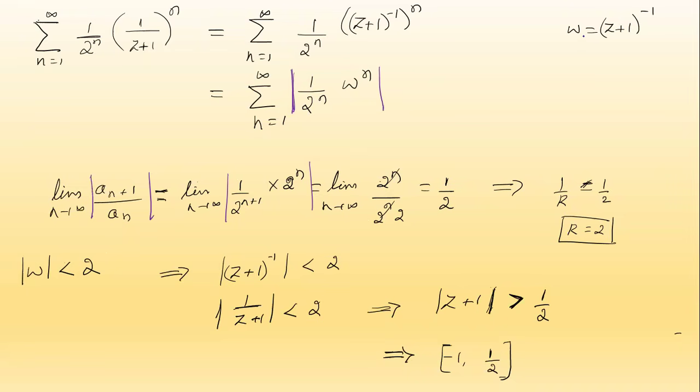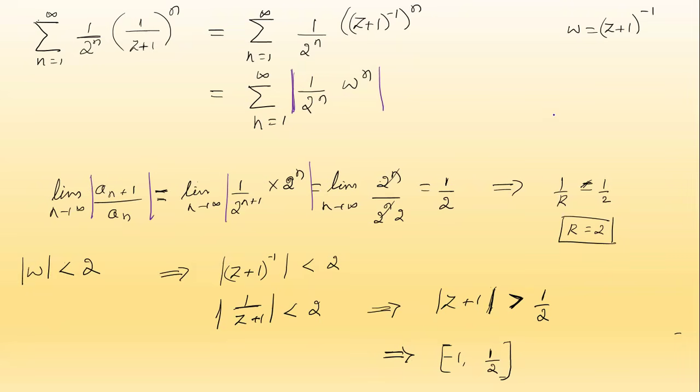Here w is equal to (z plus 1) raised to minus 1. Therefore, in place of w, we put this value: modulus of (z plus 1) raised to minus 1 is less than 2. If we take the denominator to the numerator, the less than sign becomes a greater than sign. Therefore, modulus of z plus 1 is greater than 1 by 2.